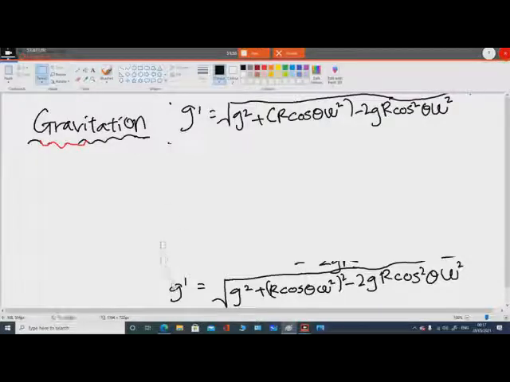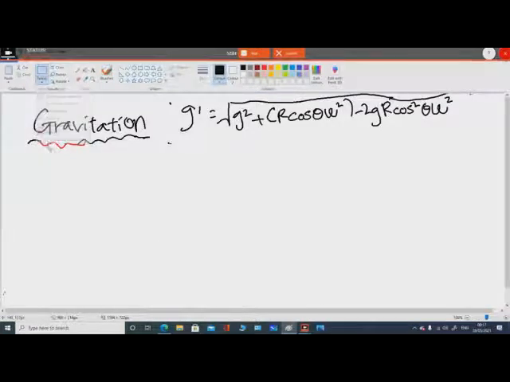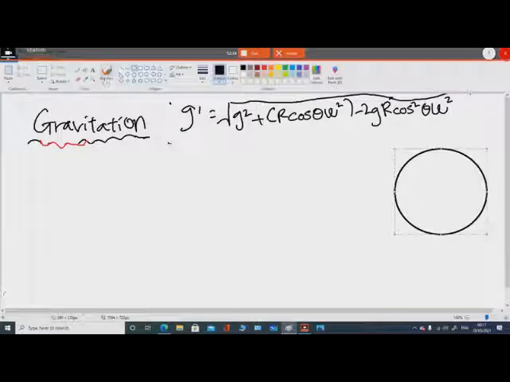Okay, so let me erase this one. So what if, let's say we have our Earth. Okay, so we know that this will be our north, south, east, west. So let's say, what if our mass m lies at north or south?